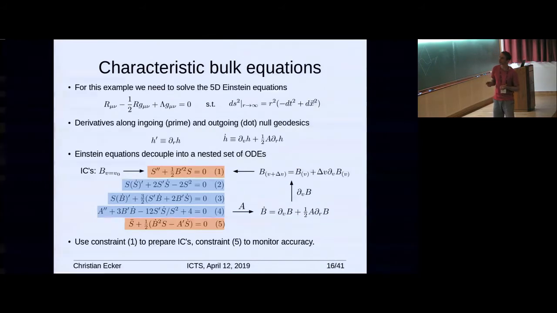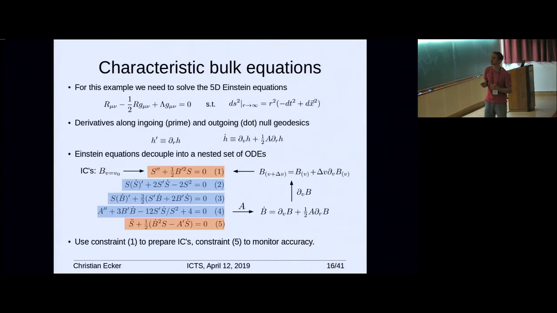These red marked equations are constraint equations, and the blue ones are the actual evolution equations. And this is maybe the most important thing that I want to convey in my talk, this decoupling of the Einstein equations into this nested structure.